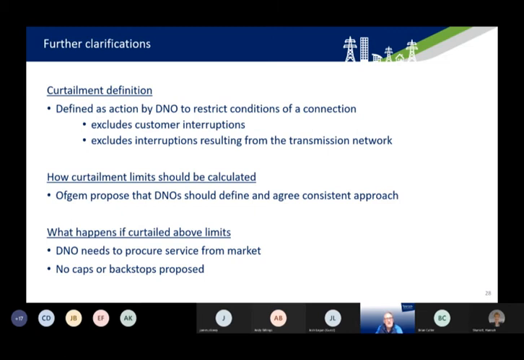And then, as I said, Ofgem are proposing some protection for customers if they get curtailed over and above the forecast threshold, and their proposal is that DNOs will need to procure that service to act as an offset for the constraint from the market, which could be from the general market or from that customer. And an important bit that they've proposed is no caps or backstops.